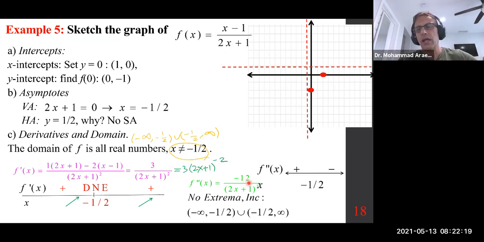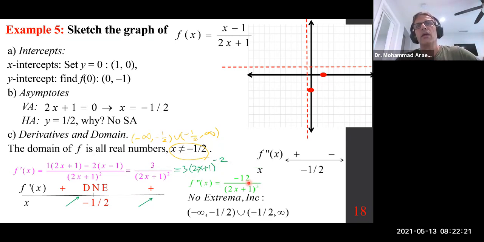And we can do the graph as follows. You pick a test point, any number to the right or left. If you go to the right, the easiest choice would be 0. If you plug in 0, this becomes positive, negative 12 over that is negative.